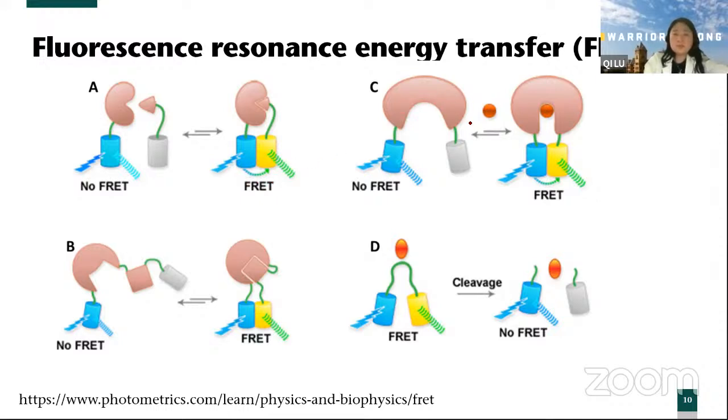Or when receptors bind to a specific ligand or substrate, the two ends of the same protein may approach each other, which can also be detected by FRET. Another case is when there's a signal before, but an enzyme causes cleavage and the FRET disappears, meaning protease reactions are happening here.